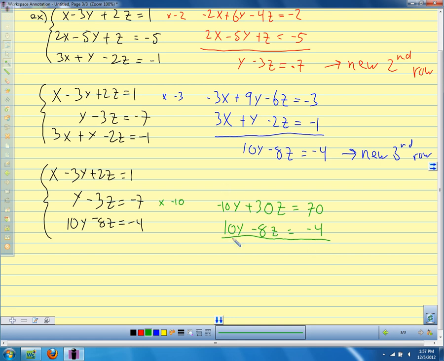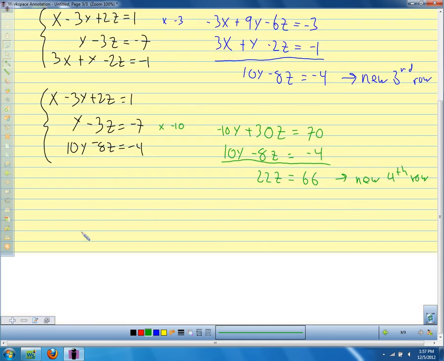The y's go away, add to 0. 30 minus 8 is 22z. 70 minus 4 is 66. And this is going to be my new third row. And I'm going to rewrite this over here, finally. And I'll have my system in row echelon form.